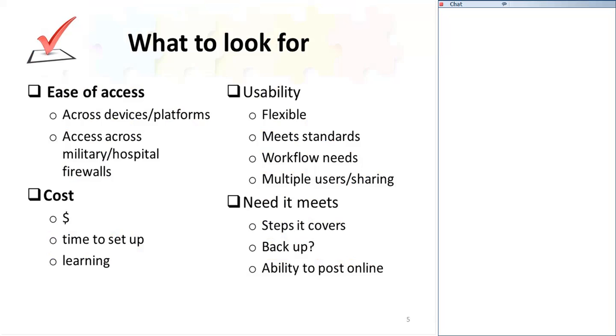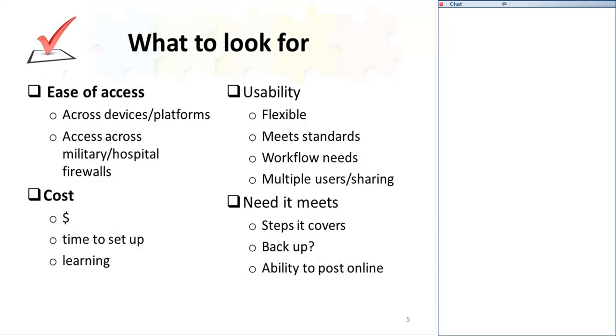So what are we looking for? I think it's pretty straightforward. As librarians, we do this all the time. We're always looking at resources and trying to figure out what's best for our patrons and for ourselves. The thing I think about most in systematic review tools is that a lot of times it's a team, and it's really important that they be able to collaborate well.